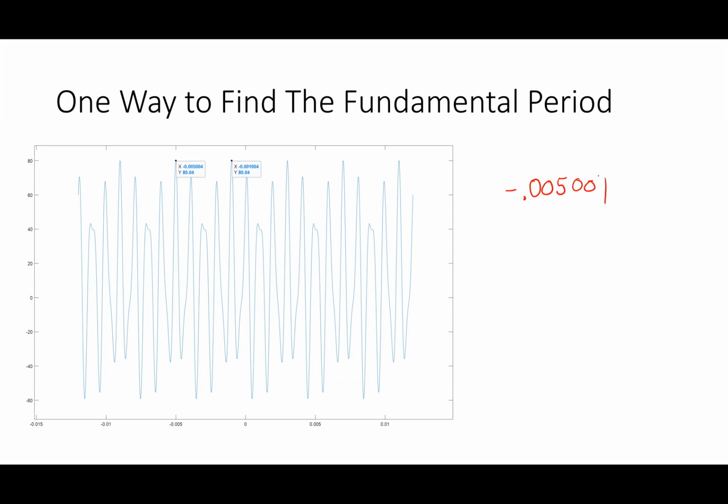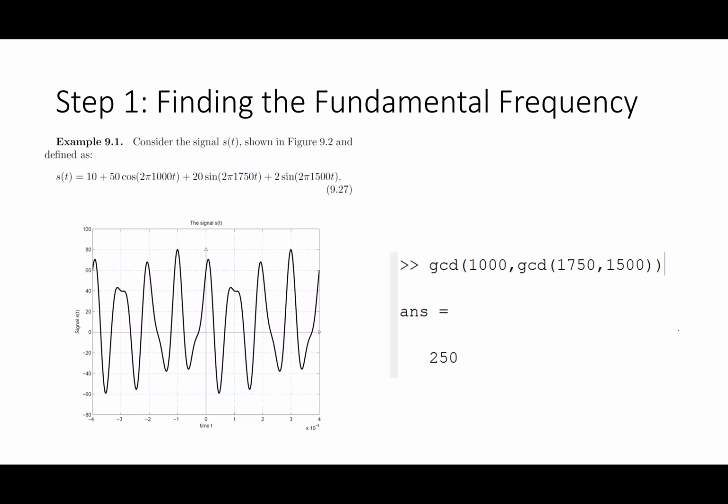What's the delta between those two? 4 milliseconds. 1 over 4 milliseconds, if you do the math, is 250 hertz. So 1 over 0.004 is 250 hertz. That's what Philip said when he looked at this.